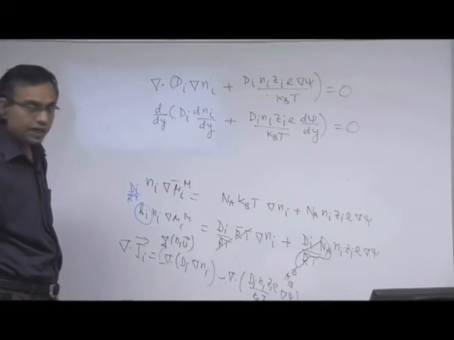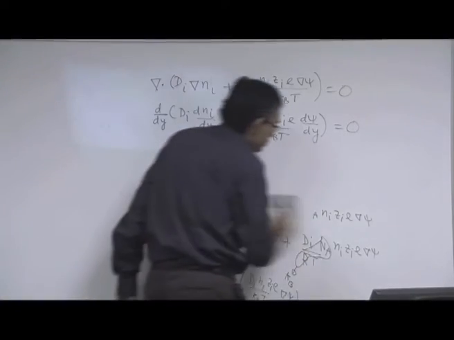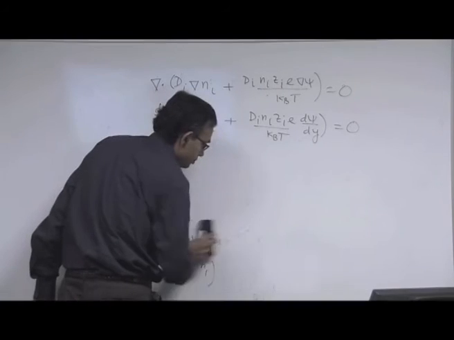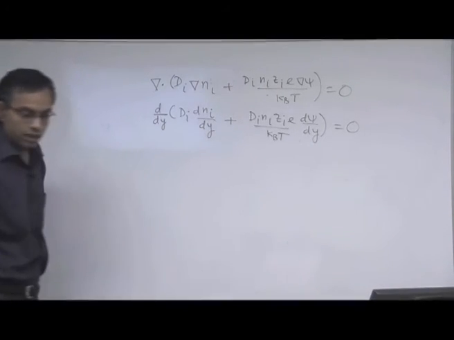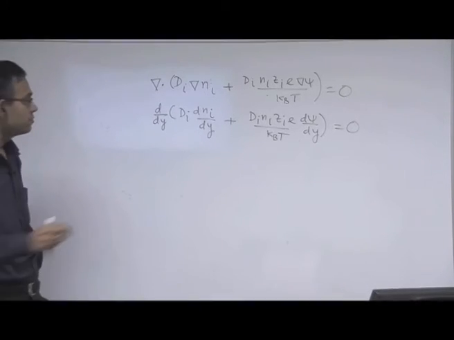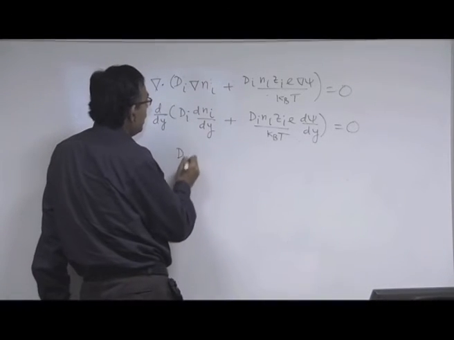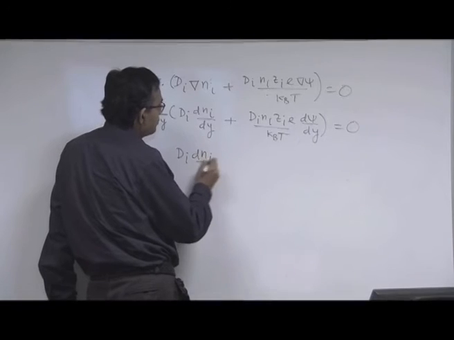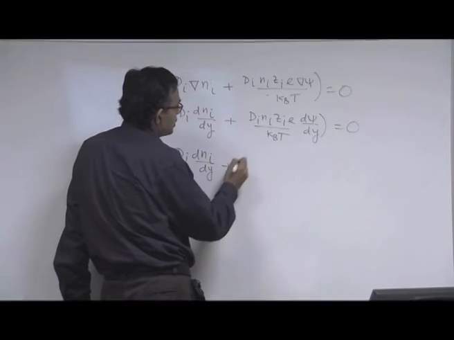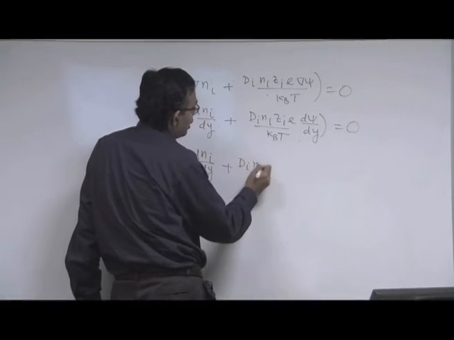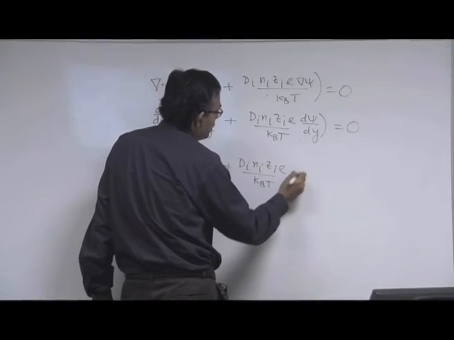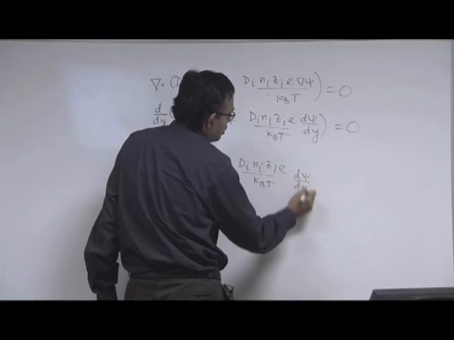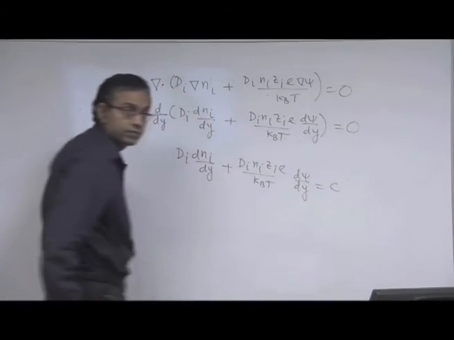Now if you integrate it once, you will get Di dNi dy plus Di Ni Zi e by kBT d psi dy is equal to constant.